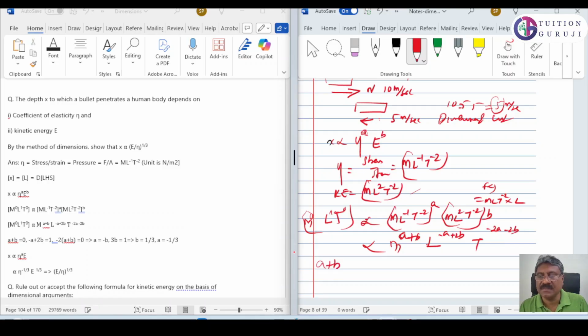So we can write: a plus b is equal to 0. Then for L, minus a plus 2b is equal to 1. And the third equation is minus 2a minus 2b is equal to 0, which implies a is equal to minus b.